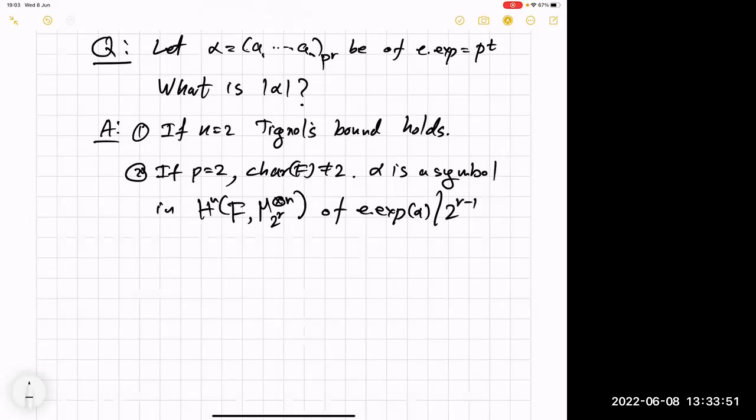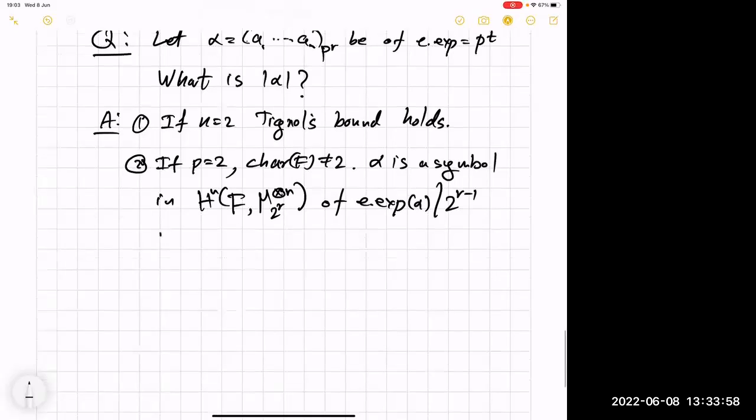I can't do a general t smaller than r, just t equals r minus 1. Then I can show that the symbol length of alpha is at most 2^(n-1).